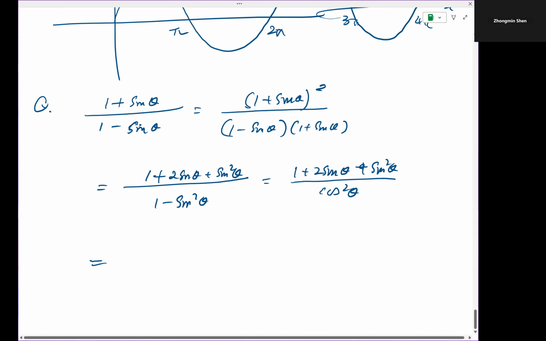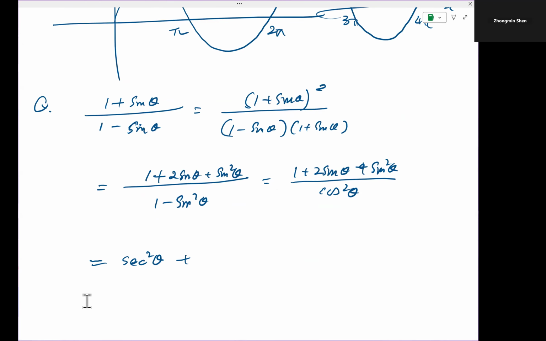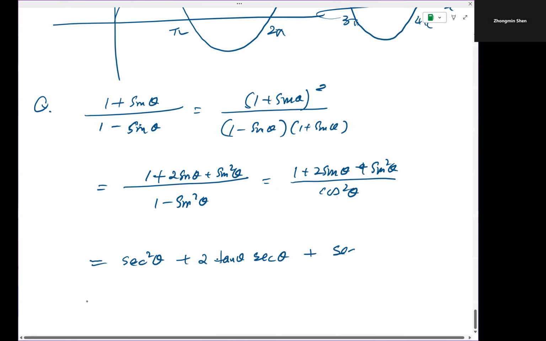1 over cosine theta is secant, so this will be secant square theta, plus 2 tangent theta secant theta, plus tangent square theta.